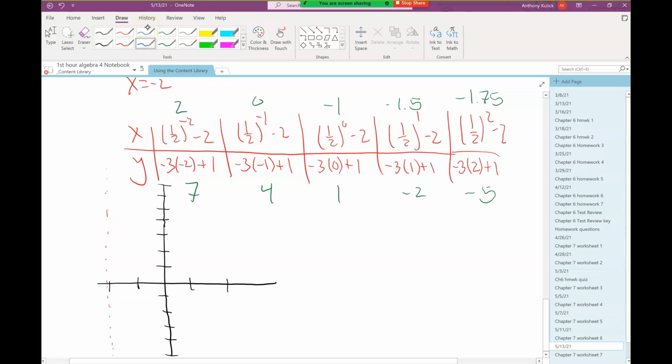And then let's start plotting our points. I'm going to start at the far right end, since those are the negative ones. I usually like to graph things left to right. So -1.75 and -5 is right here. And then -1.5 and -2 would be right around there. -1, 1 is there. 0, 4, and then 2, 7.